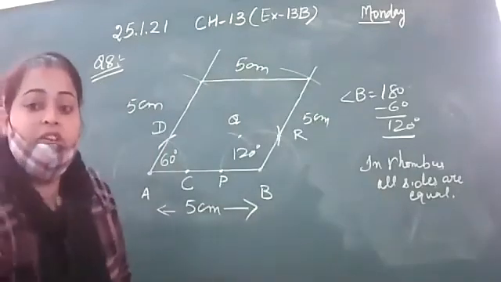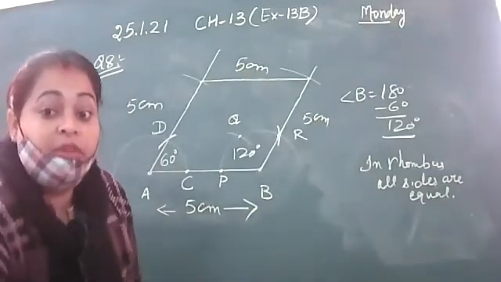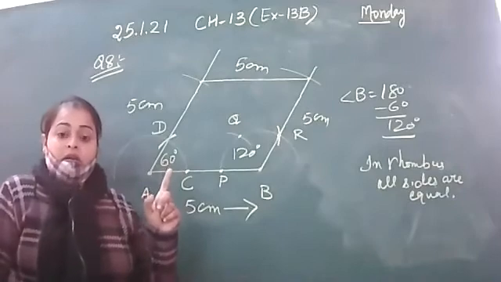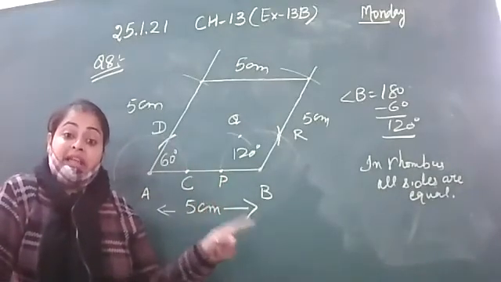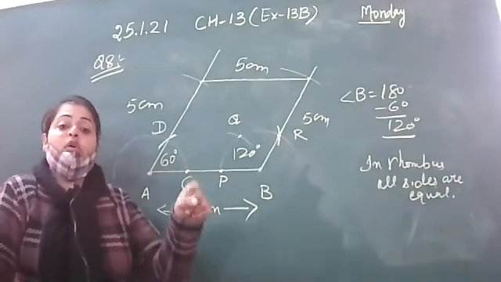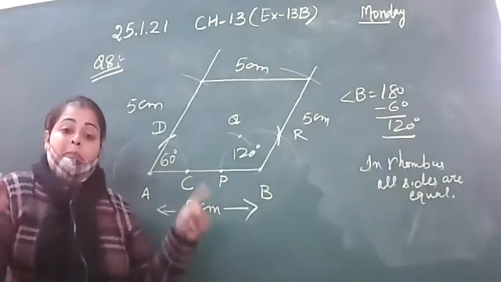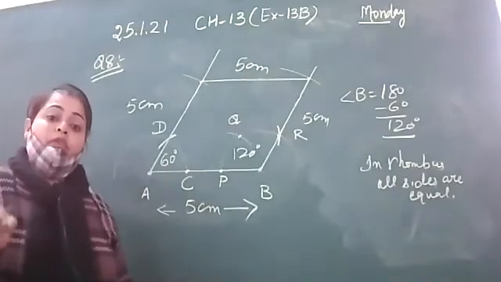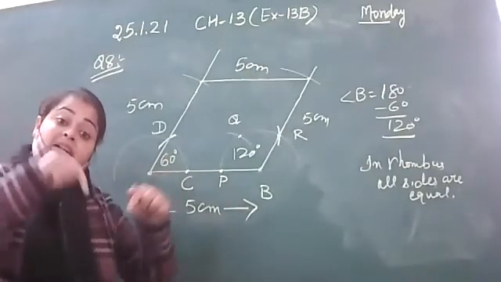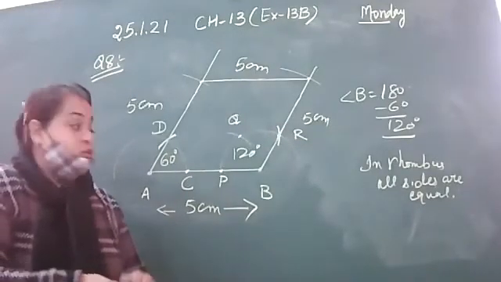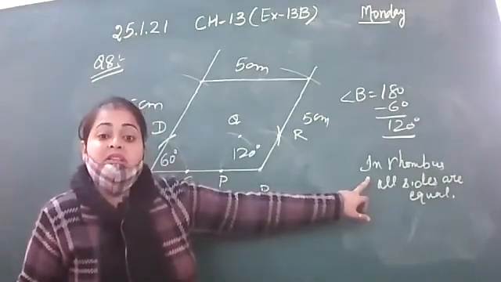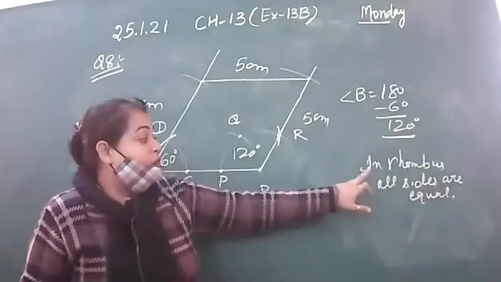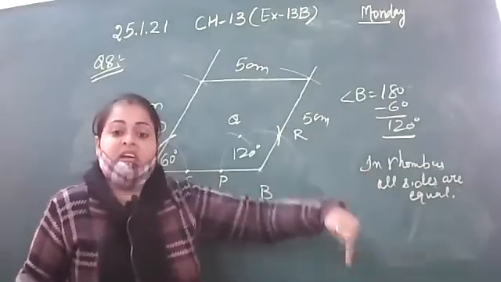In the classification of quadrilaterals, we have already done parallelogram. After parallelogram, we have rectangle and rhombus. After combining the properties of rhombus and rectangle, we will get square, na? So this property, in rhombus all the sides are equal, you will also observe in square.